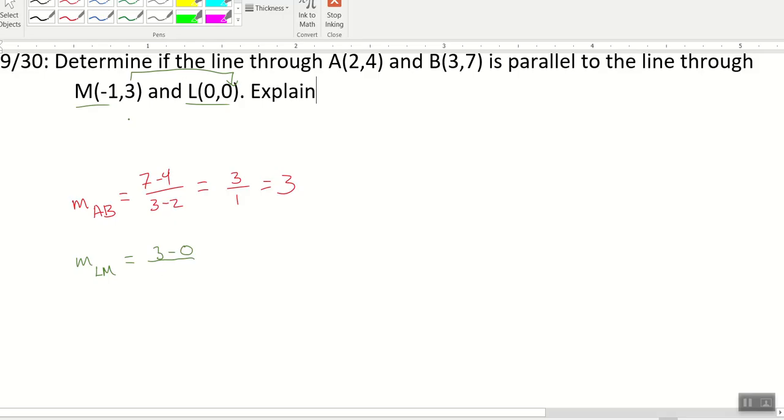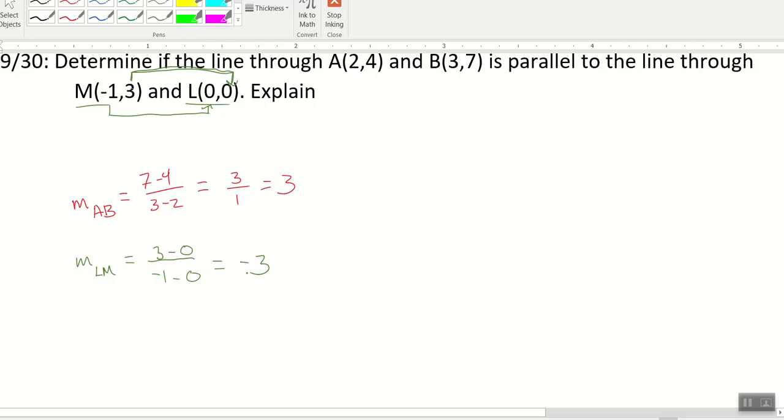Can you tell me where those came from? Here's my y's, and are you okay with why we did 3 minus 0? What's the x side of stuff? In the same order. Good, so negative 1 minus 0. And here we go, we get a 3 over negative 1, which is negative 3.